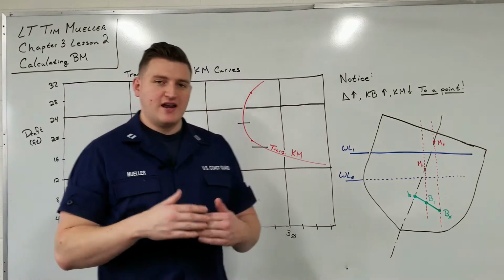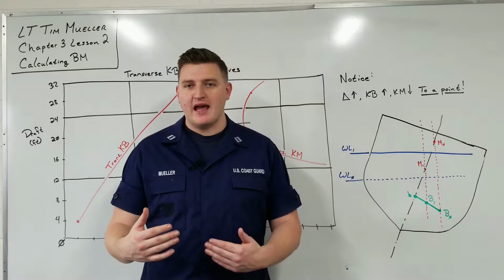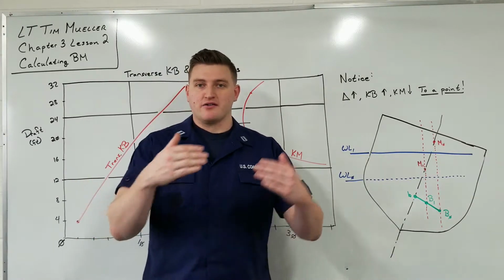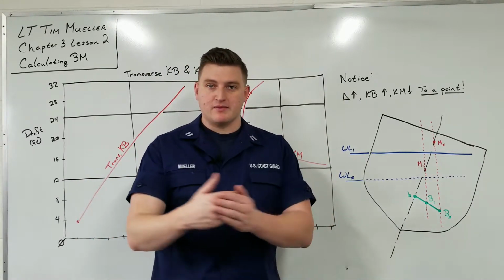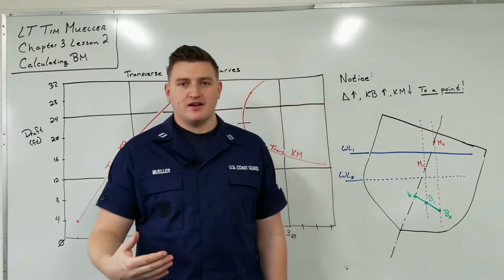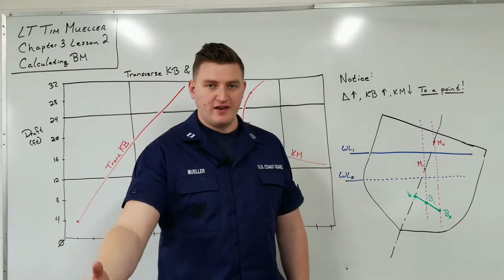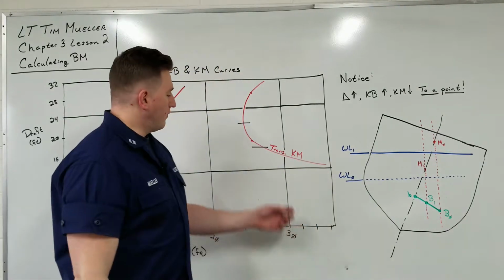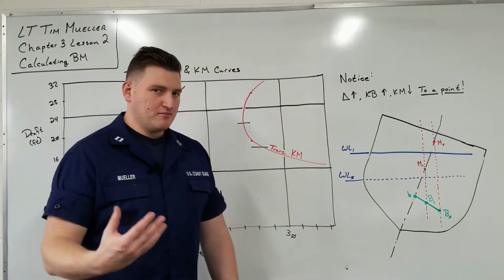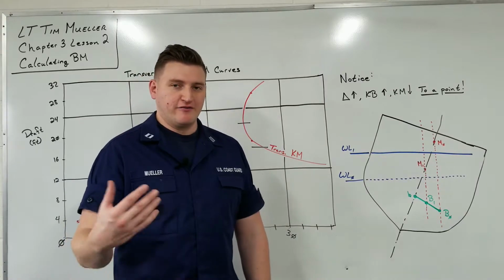So you only have a range of about 2 feet, maybe 1.5 feet, where your metacenter goes from one extreme to the other. But your center of gravity can move much faster than that. It can move on the magnitude of several feet, whereas your metacenter can only really move on the magnitude of 1 foot.